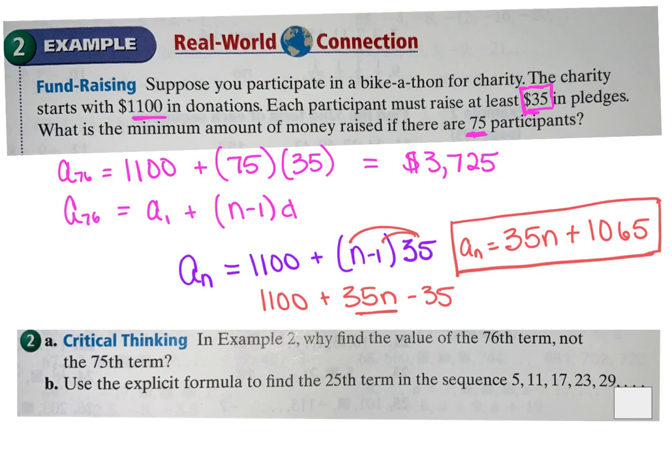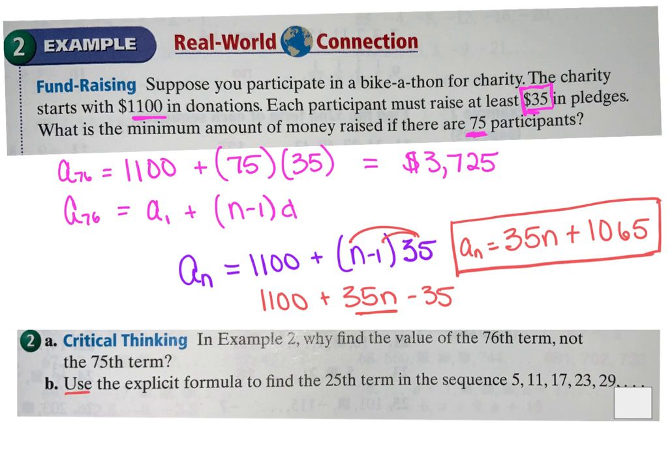Typically I'm going to say, give me the explicit formula, then tell me what the 76th term is. So for this, I would say, give me the explicit formula, and then tell me how much money is raised for 75 participants. All right? That would be a question. I would give you a sequence, ask for the explicit formula, and then ask for the term itself, which is what this is doing.